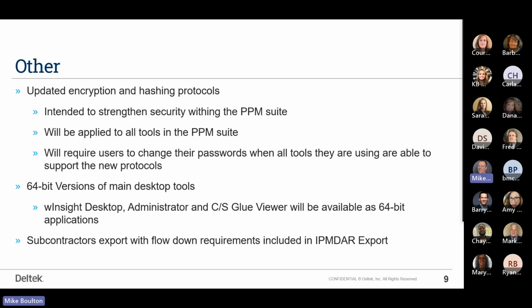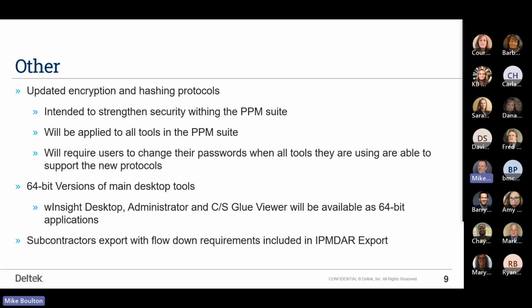So basically, if you look at the IPM DAR description, you'll find that it does have a subcontractor JSON table, and essentially that's for any subcontractors with flow down requirements that are identified in the OBS.